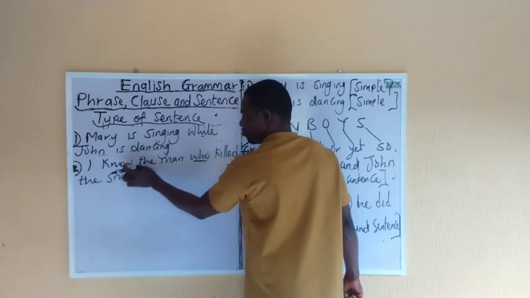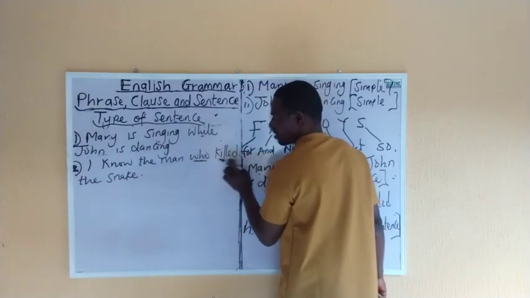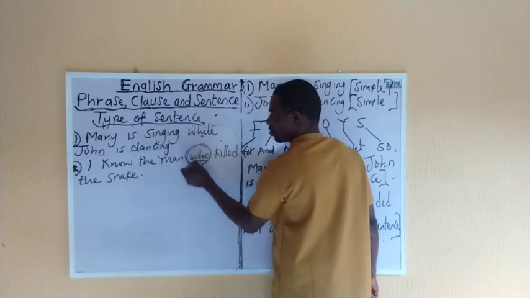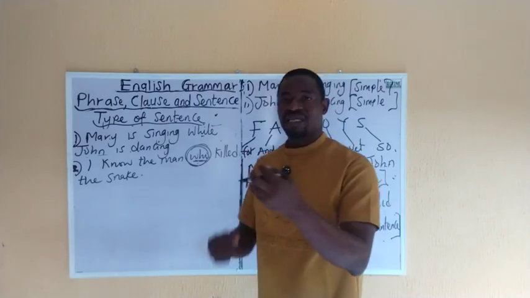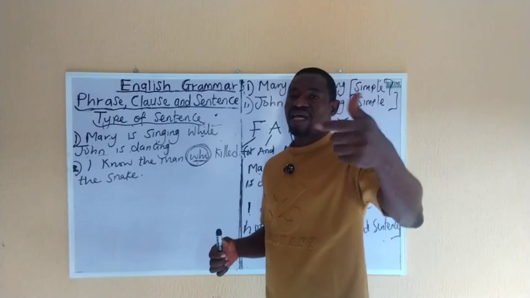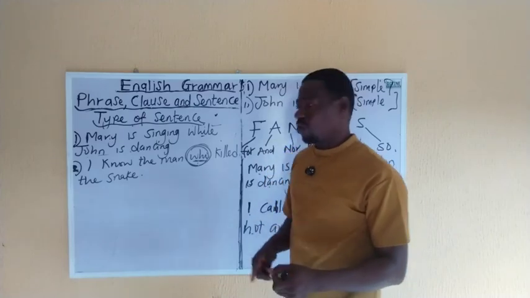I know the man, main clause, is also known as independent clause. Who killed the snake, dependent clause, is also known as what? Subordinate clause. The presence of what? The subordinator, who.